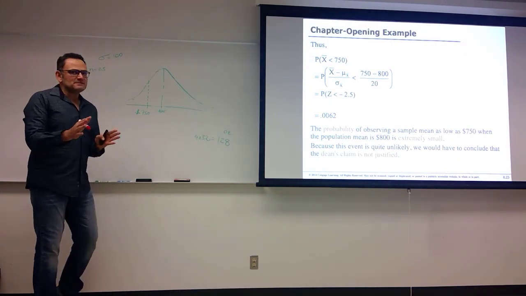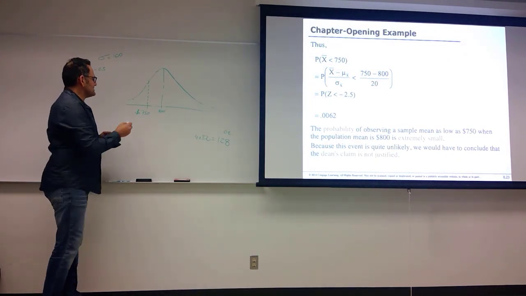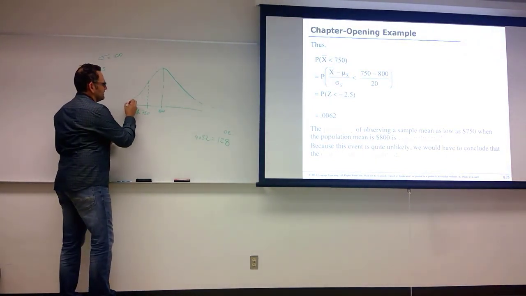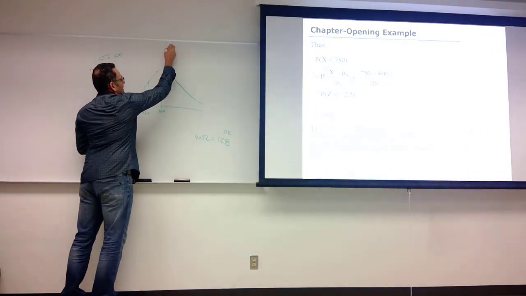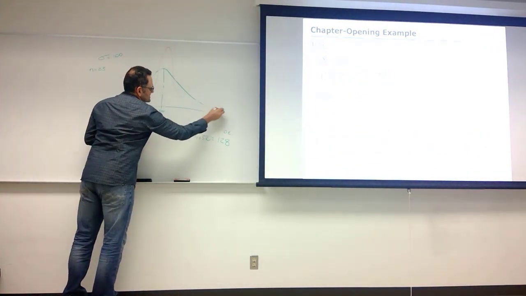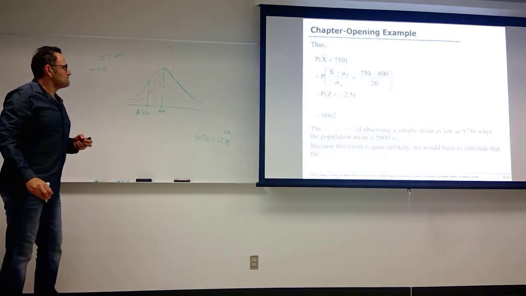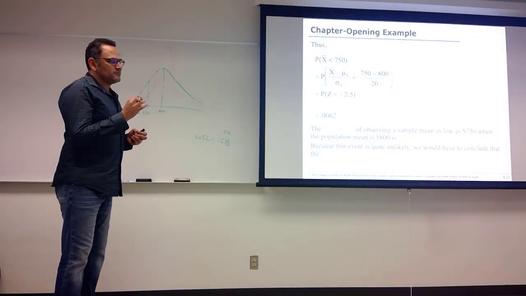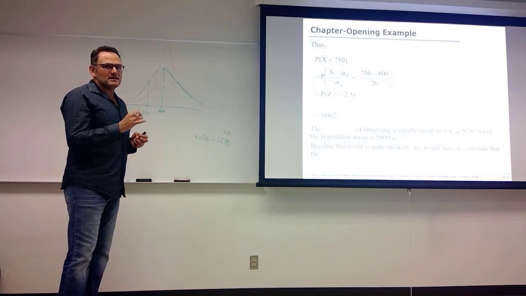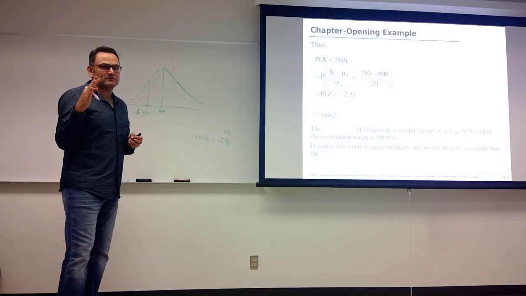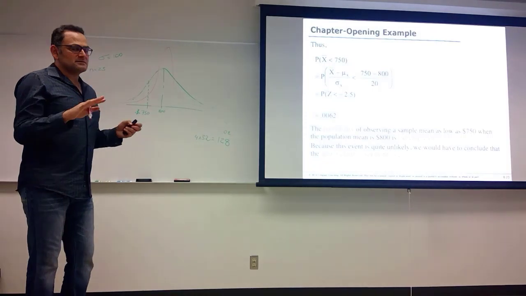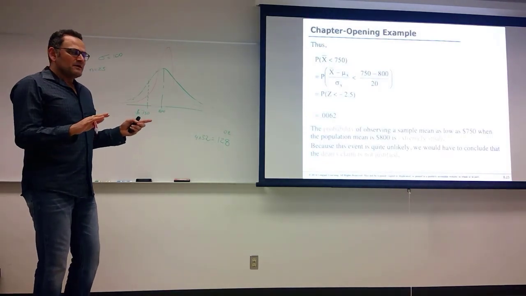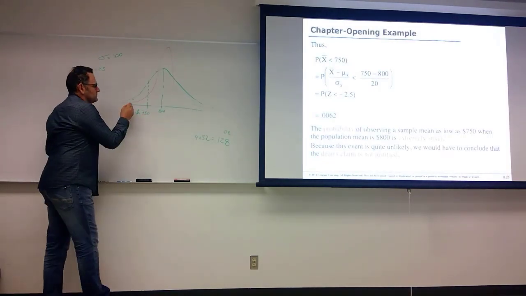Because we have a sample size of 25, it makes the graph more concentrated towards the mean. It is pretty unlikely that if you have a sample of 25 people, because it's a larger sample, not like the previous example where we had only a sample size of 4, it becomes fairly unlikely to be far off.